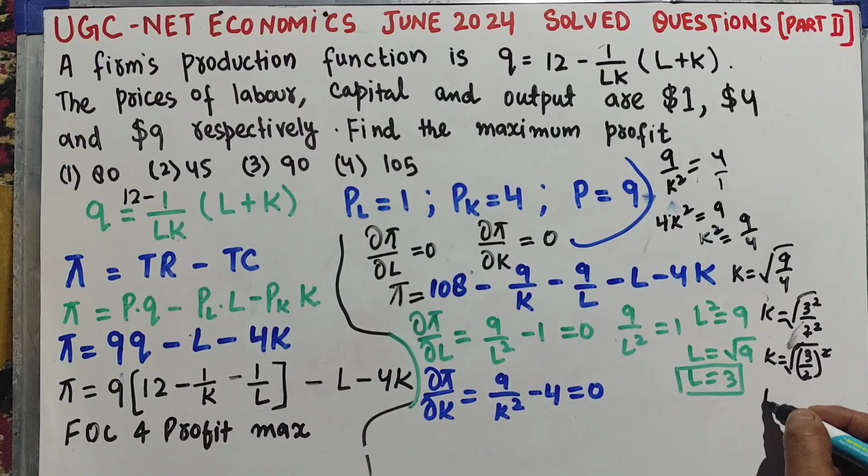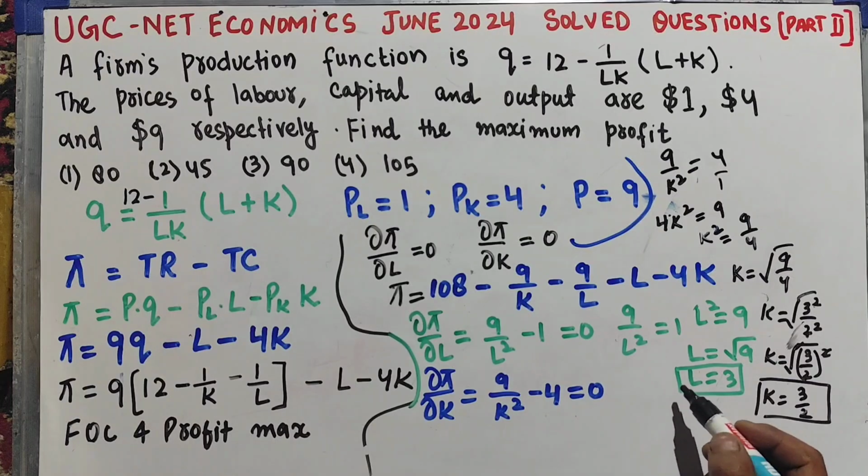The square root gets cancelled, so k will be equal to 3 upon 2. That means the number of capital units employed will be equal to 3 upon 2. So we got L is equal to 3, K is equal to 3 upon 2.